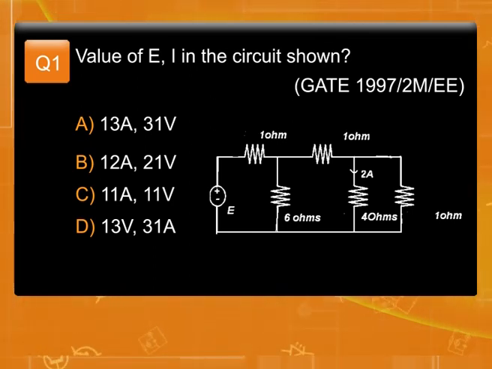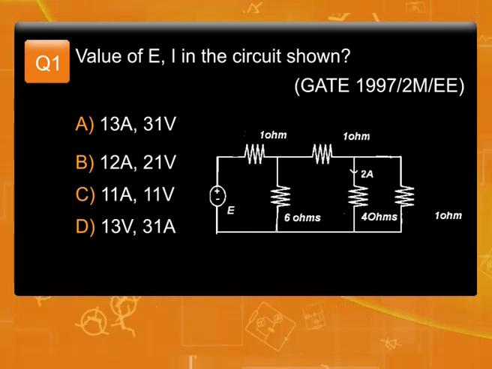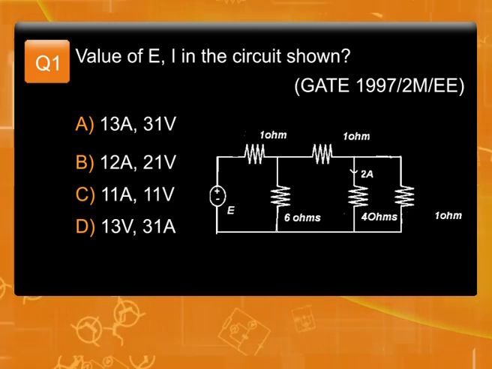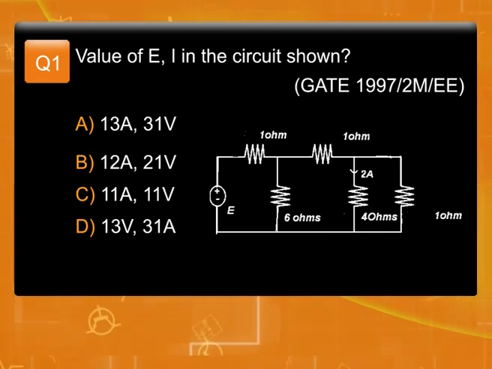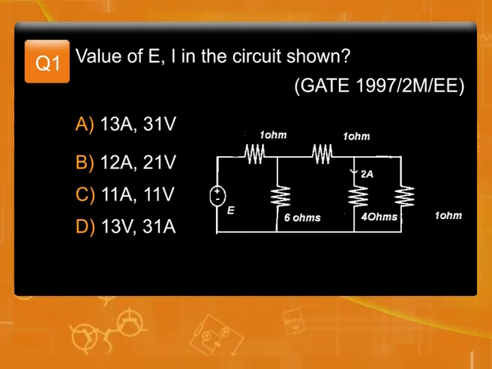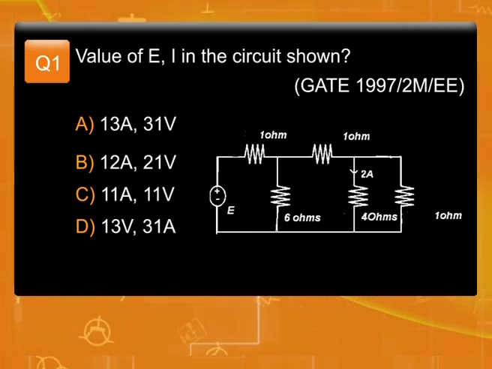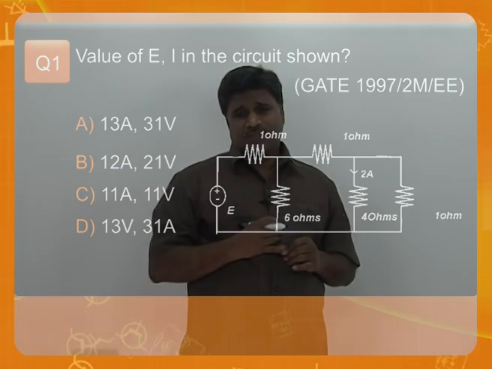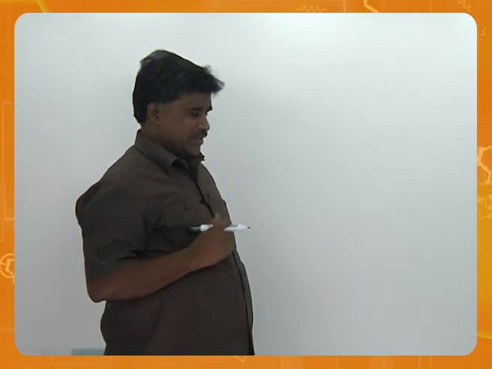As you already know, networks is a subject common for EEE, ECE and instrumentation. Options are given like this: A, 13 amperes, 31 volts; B, 12 amperes, 21 volts; C, 11 amperes, 11 volts; D, 13 volts, 31 amperes. Let us see how to really solve this.